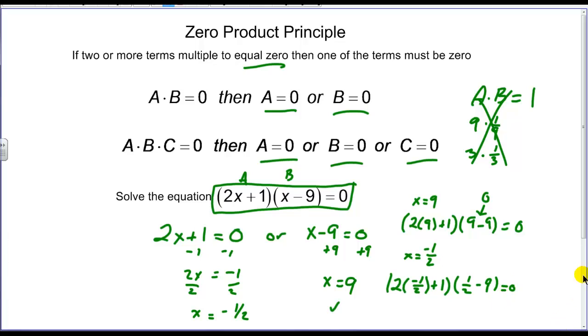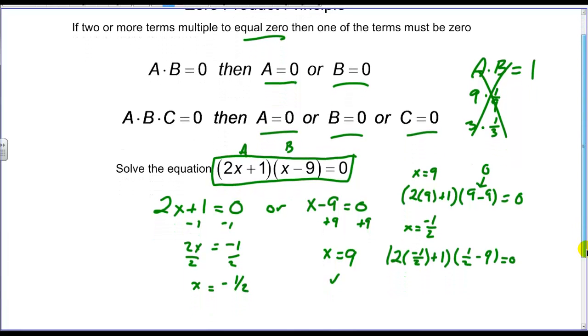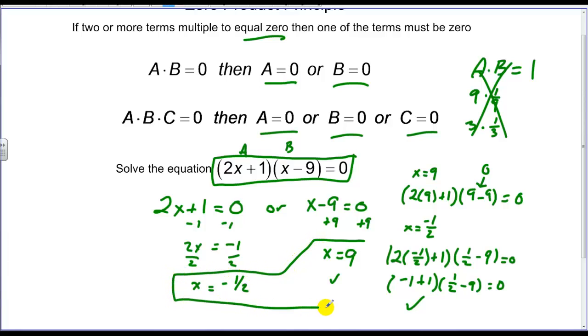Well, take a look. 2 times negative 1/2 gives me a negative 1 plus 1 multiplied by negative a half minus 9. But I know that negative 1 plus 1 is 0, and 0 times anything is 0, so this checks as well. So my solution for the problem is 2. I have x could equal negative half, or x could equal 9 to make that true.